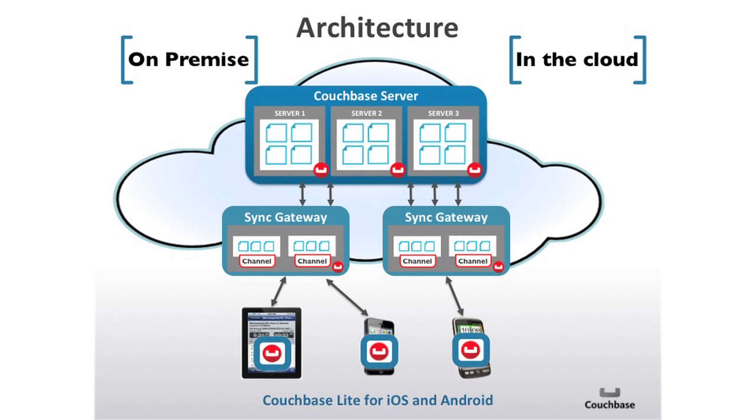So let's take a look at the architecture of what it actually looks like. Couchbase Server gives you the cluster database in the cloud. Currently, customers either deploy it on-premise, so they'll have their own install of Enterprise Edition in their data center. You might have a managed hosting that deploys it as well. Or you might just run it on Amazon.